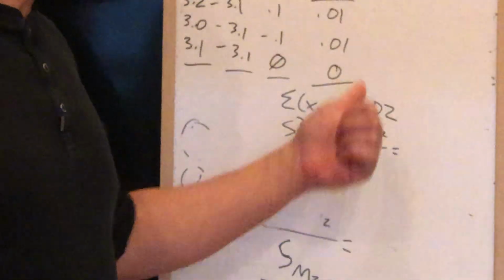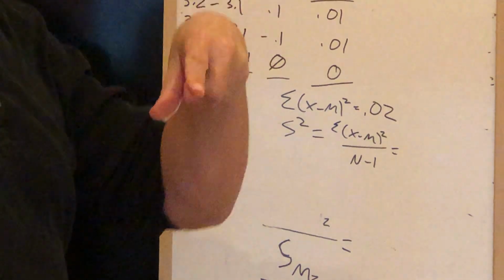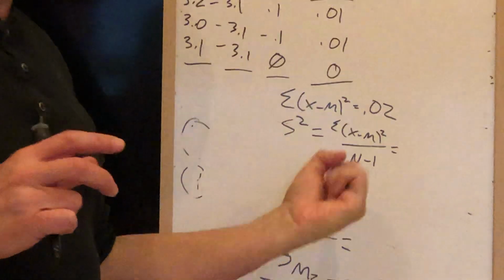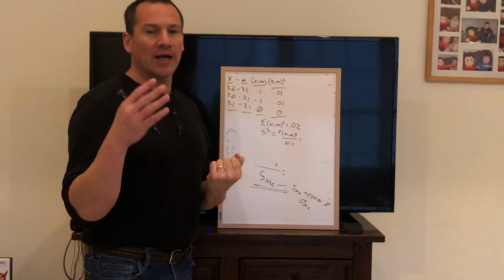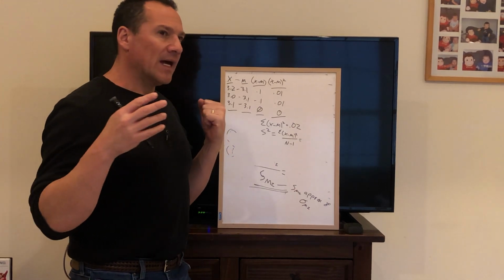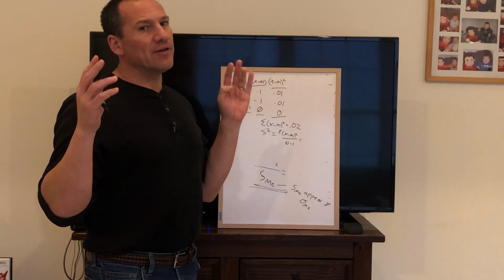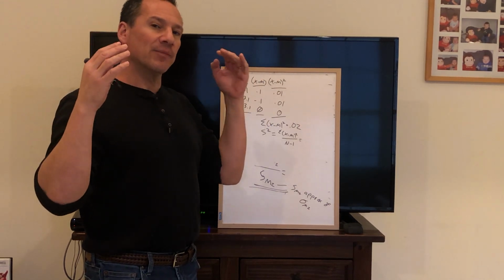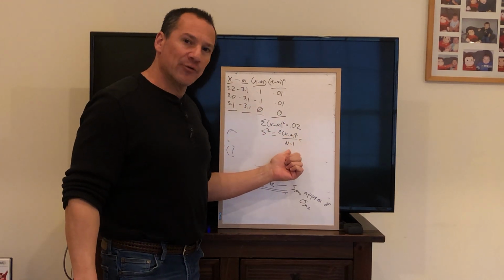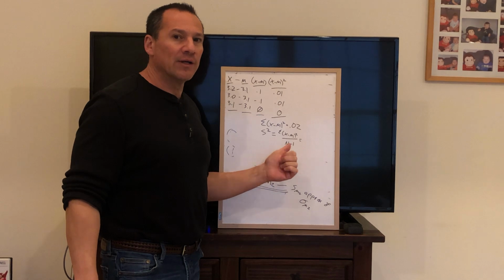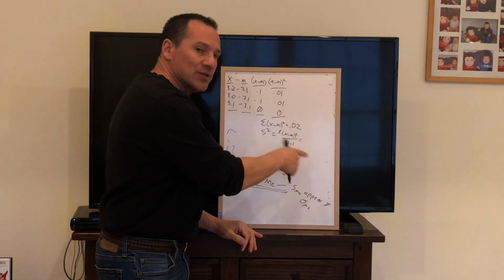It's like the average of that column, except we're dividing by n minus 1 instead of n. That makes the denominator lower, which makes the estimate higher. And the reasoning there is that your actual population level standard deviation and variance are higher than it's going to be in a sample. To adjust for that, instead of dividing by n, we divide by n minus 1. If that's too complicated for you to think about, just realize this is the formula.